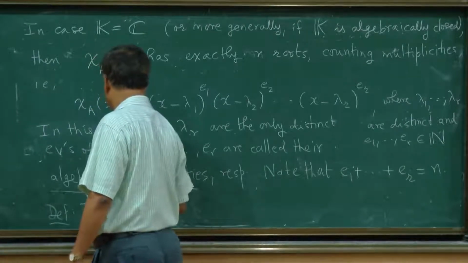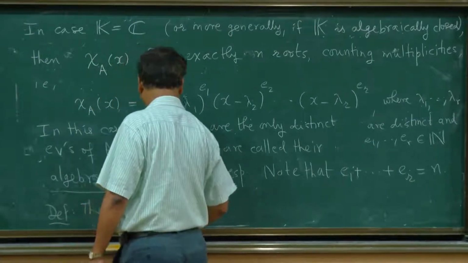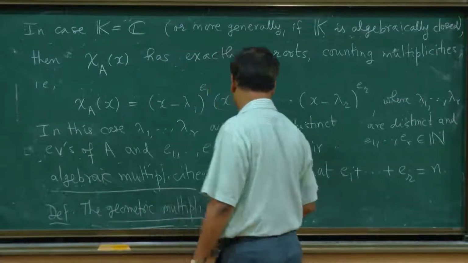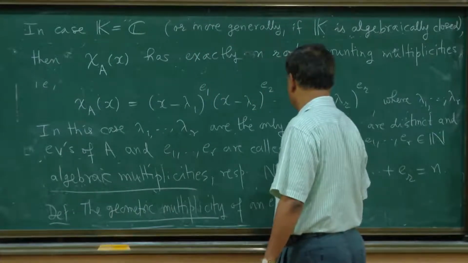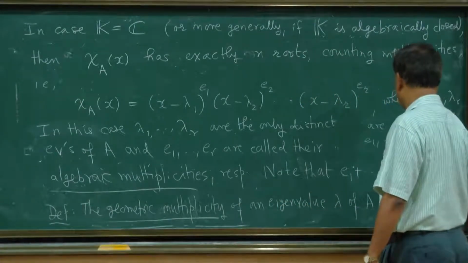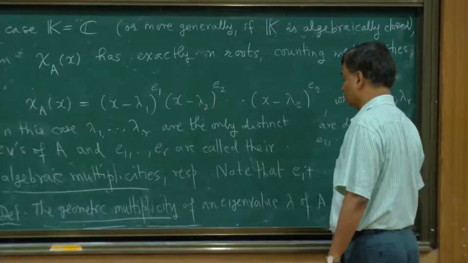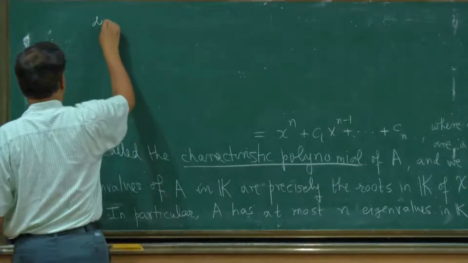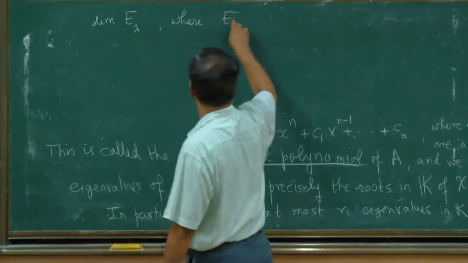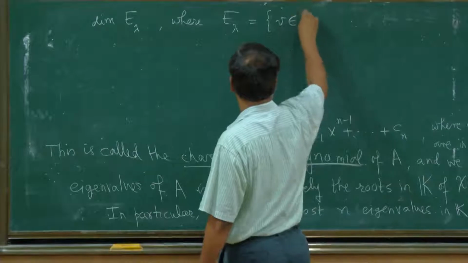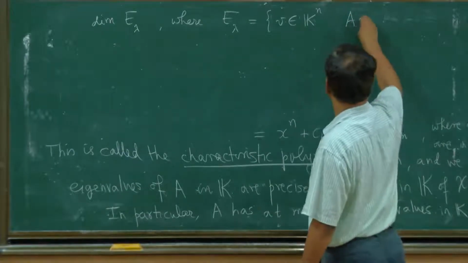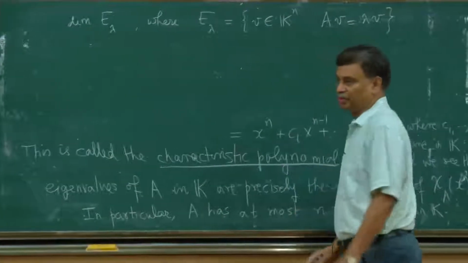The geometric multiplicity of an eigenvalue lambda of A is defined as the dimension of, let me call it E lambda, where E lambda is the set of all vectors V in Kn such that A times V is lambda times V.